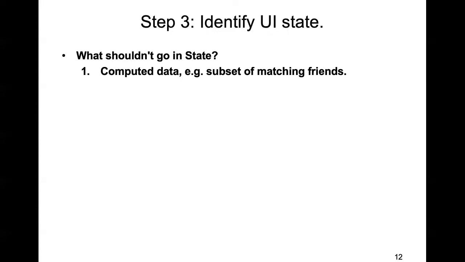So in terms of the filtered friends app that we had, we computed the list of matching friends, but we didn't store that computed list of matching friends as state. We just computed it every time we needed to.